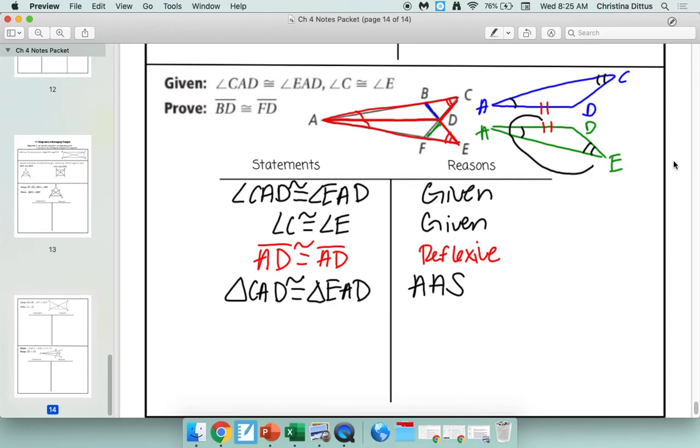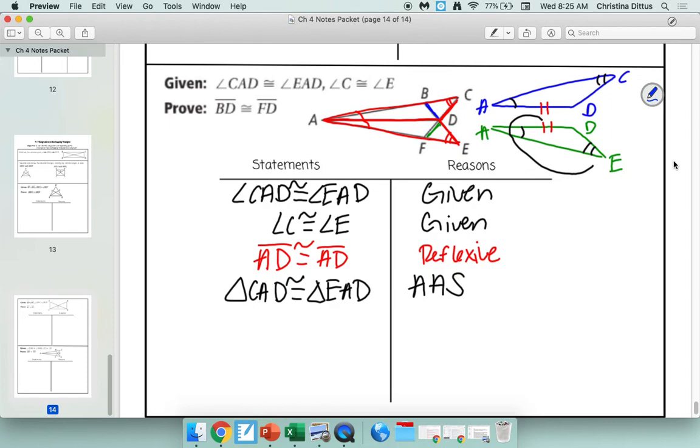Question. Are BD and DF part of my triangles, or are they just inside the triangles? They're just inside it. They're not a part of these red triangles. So we got a little bit more to do.